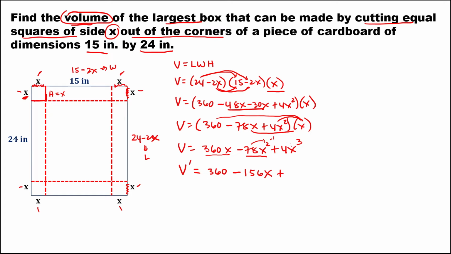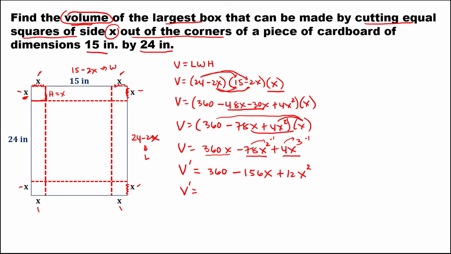Then plus the derivative of 4x to the power 3: multiply 4 times 3, this is 12, then minus 1 for the exponent, so x squared. Then arrange and reduce.